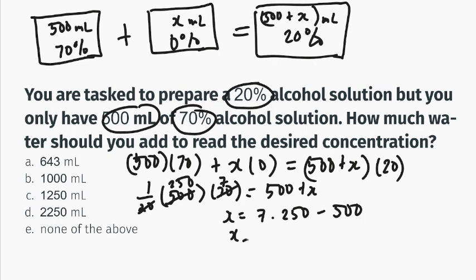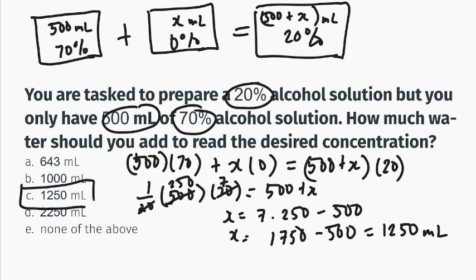So let's multiply this out. So we have 0, 5, and we have 7 minus 500. Then we're left with 1250 ml. So this is the amount of water that you should add in order to achieve the desired concentration.